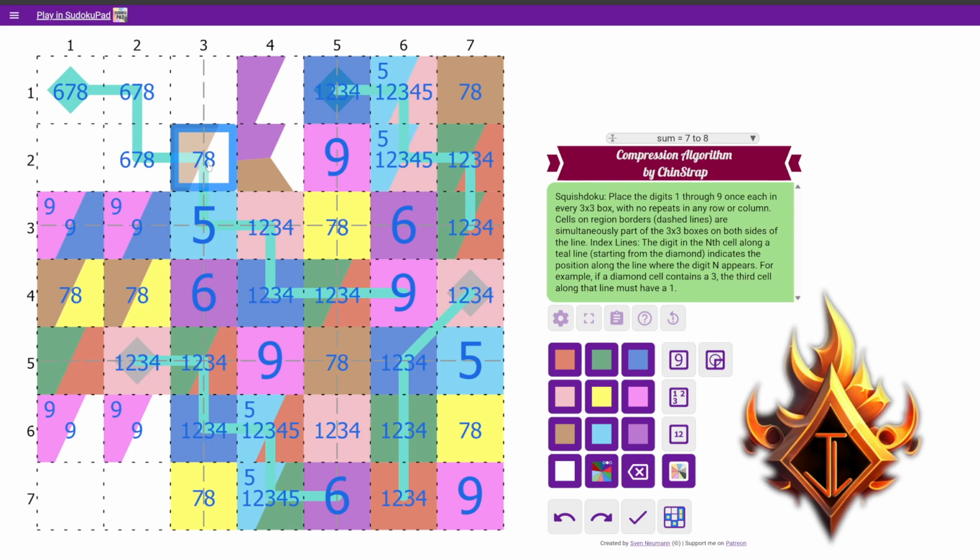Is this a 7, 8? It says those two. 3, 4, 5, 6. I have green and red. I need dark purple. Dark purple goes in one of those.